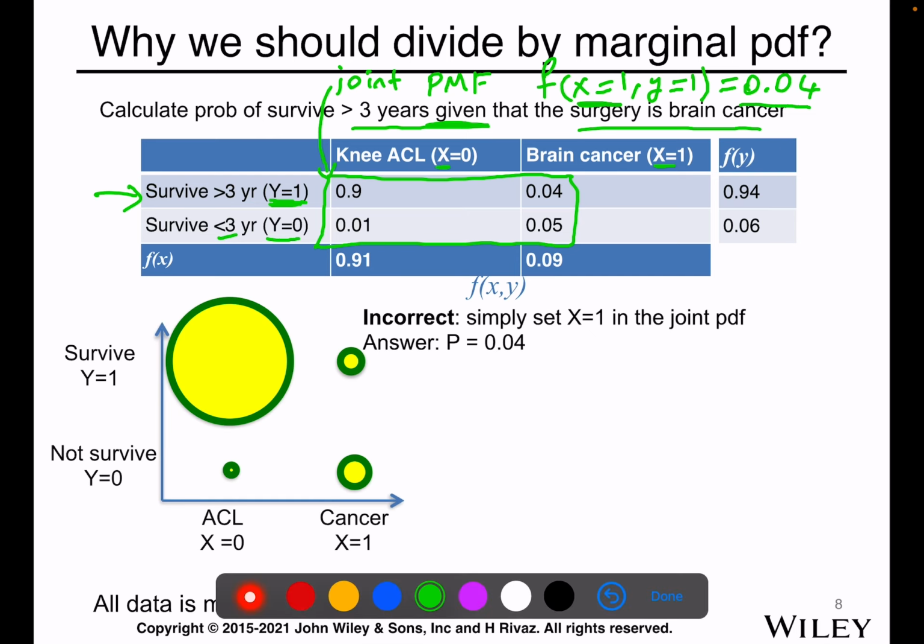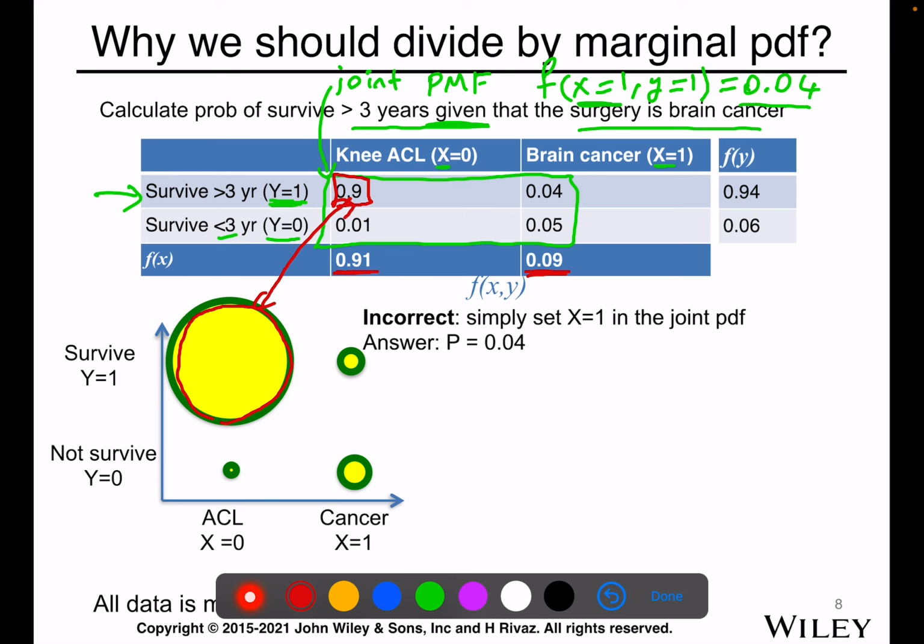So if I draw circles that represent different masses here, the biggest circle goes to this one, 90% chance, meaning that knee surgeries are much more common. 91% of the surgeries are knee surgeries and 9% are brain surgeries. So basically the biggest mass corresponds to this one here, 90%.